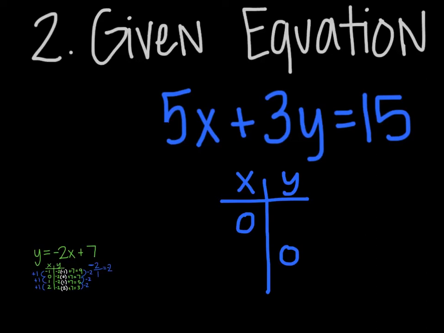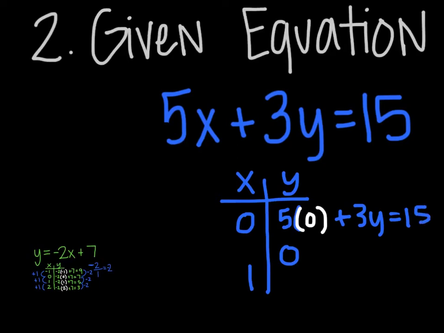You can use other values than that, like I'll pick the number 1 for this case, but it makes it way easier. So here we go. You're going to evaluate, and you're just going to drag and drop whatever you're inserting from your table into the equation. So here we have x is 0, so 5 times 0 is 0, plus 3y equals 15.